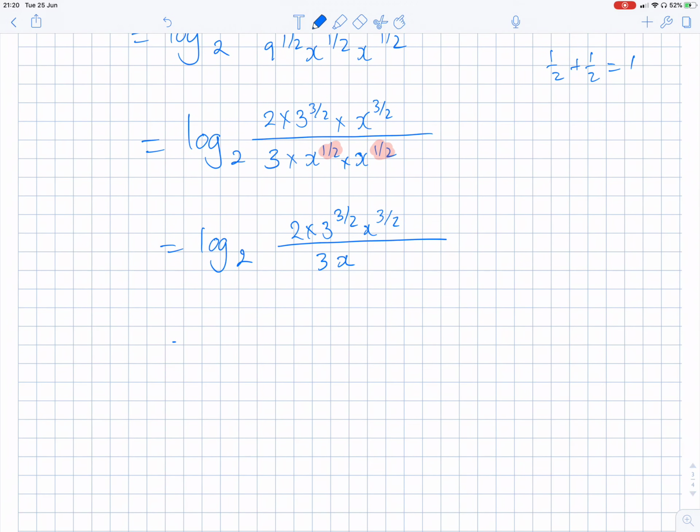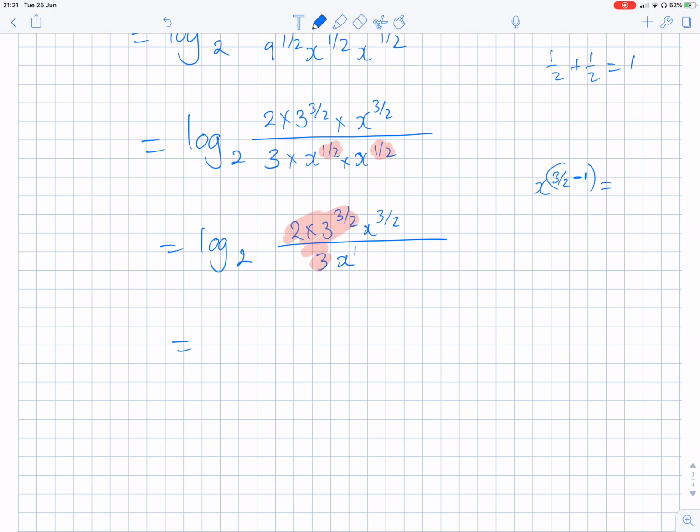Okay, so that 3x, if you take this x to be a 1, then this number can just remain as one number, and then we can deal with the x. So basically, we're going to say x to the power 3 over 2, then we subtract, because these indices are dividing.